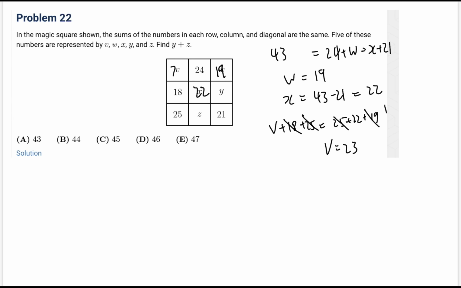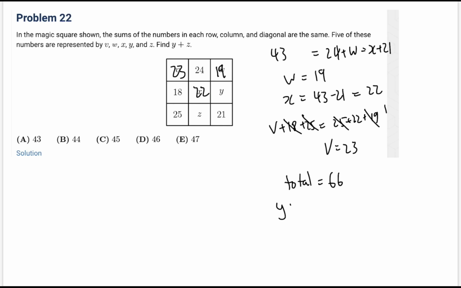V is 23, and then we have to find y plus z. Since v is 23, the total is always 23 plus 18 plus 25, which is 66.